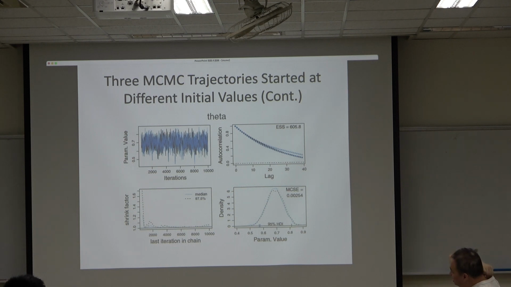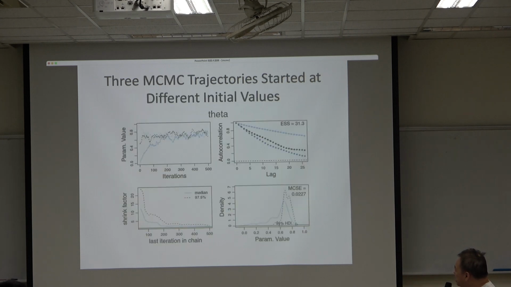So you see, it actually represents how the parameters are jumping from one value to another. Remember it's a random walk, right? So it goes up and down.